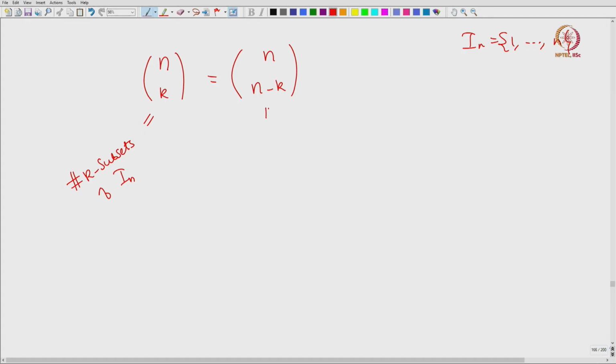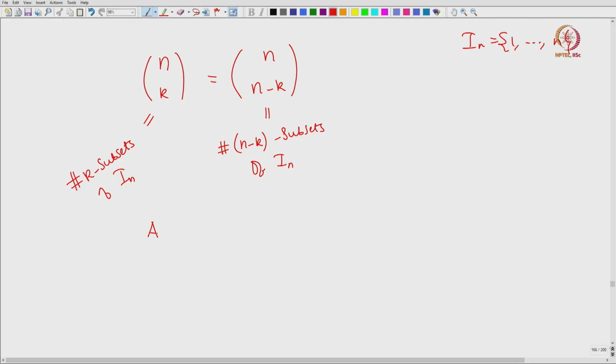Similarly, the right hand side counts the number of n minus k subsets of I n, and they count the same thing because we can define a bijection from k-subsets of I n to n minus k subsets of I n as follows.